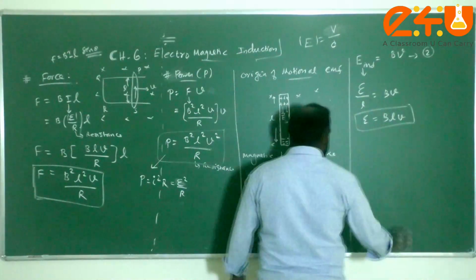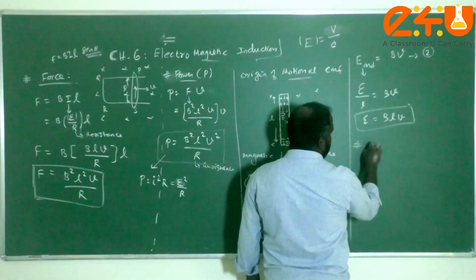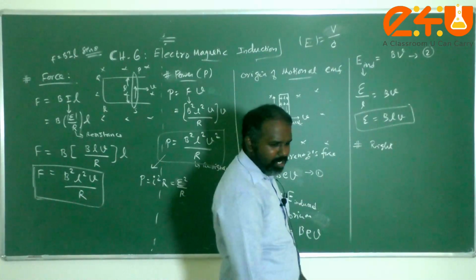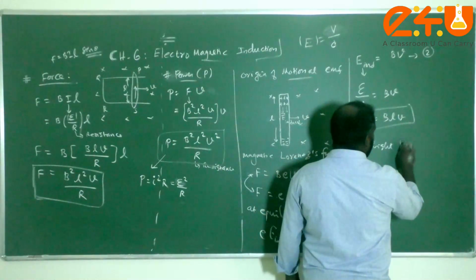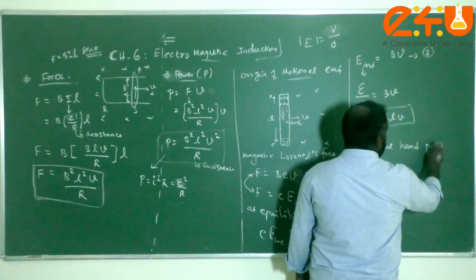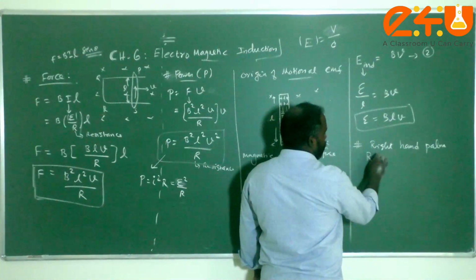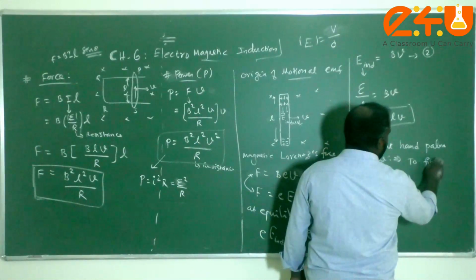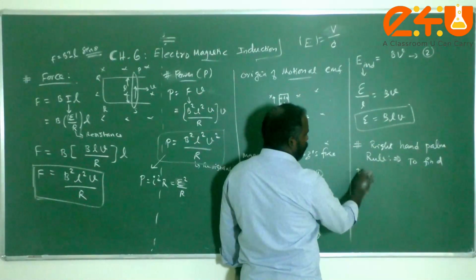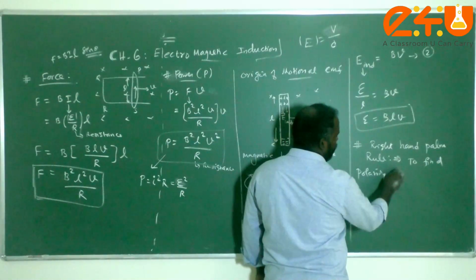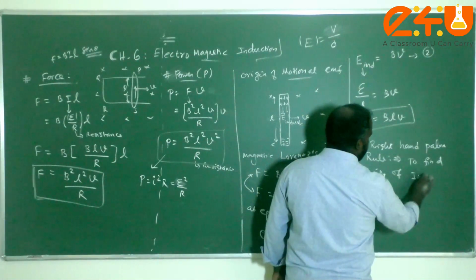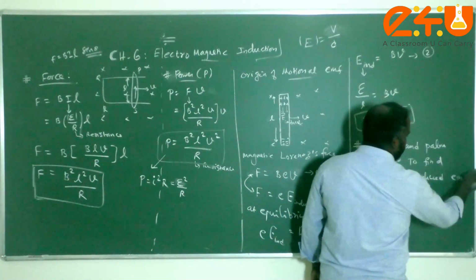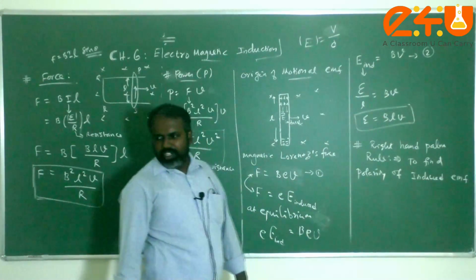Another small concept is there. Many rules are there, so be careful when and where to apply them. This is the right hand palm rule, used to find the polarity of induced EMF.